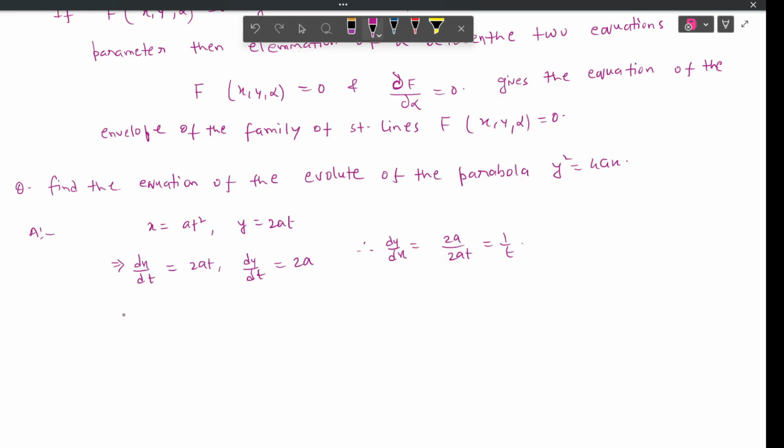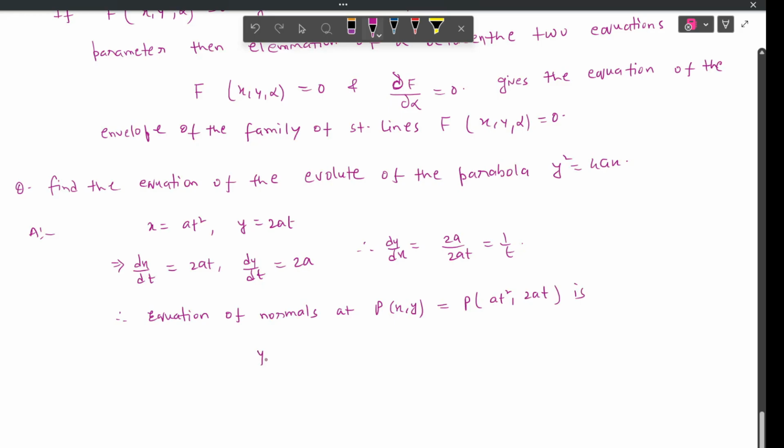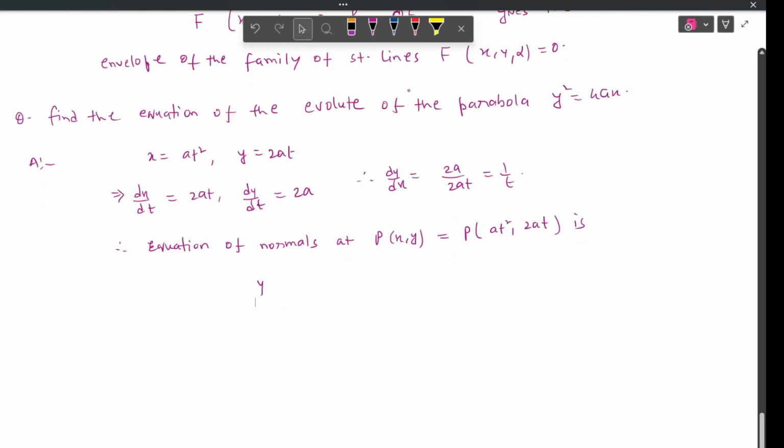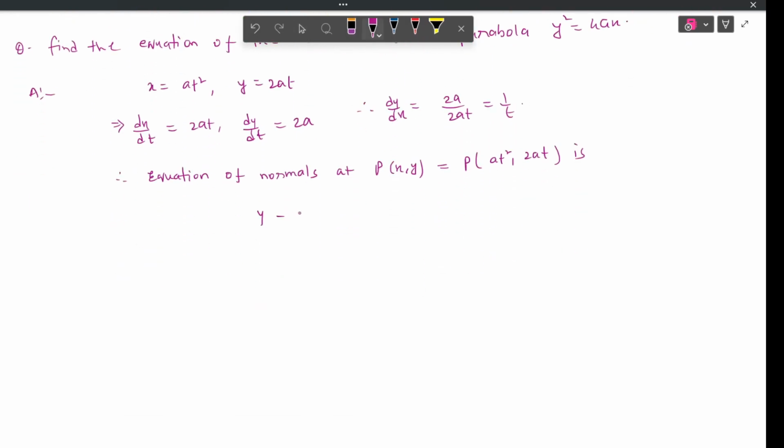So what is the equation of normal? Equation of normals at P(x, y), that is at P(at square, 2at), is, we know the equation of normal, that is y minus y1 equals to minus 1 by m into x minus x1. M is slope. So y minus 2at, minus 1 by dy by dx, that is slope, into x minus at square.